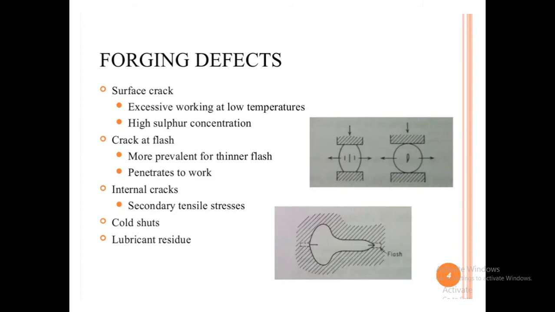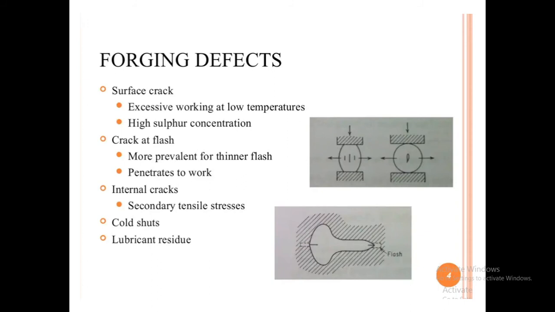In a forging operation, defects will arise due to improper heating, as we discussed, that is, excessive temperature, or a poor die design. If the die design is not proper, then defects will also arise in the forging process.